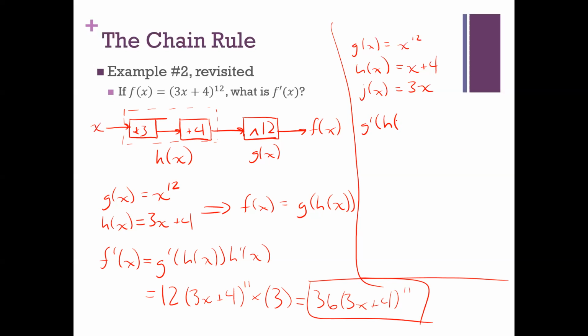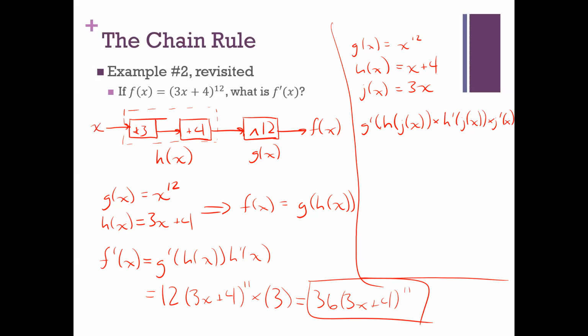But not of x. h of j of x, because now I've broken this function into three functions nested inside one another. So that's the first part of the chain rule. What would the next derivative look like? h prime of whatever its input is, which we've said is j. And then what's the next part of this derivative look like? j prime. And that's the whole nesting process, right?